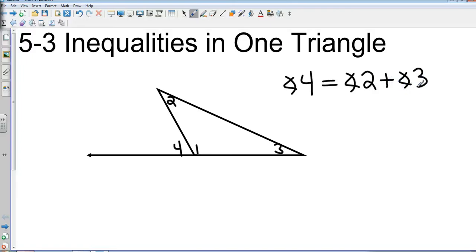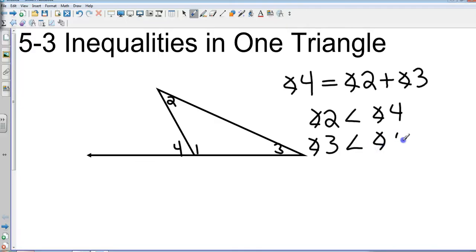So now, making an inequality, I know that angle 2 is less than angle 4. I also know that angle 3 is less than angle 4 because I have to add 2 and 3 together to get it, so they have to be smaller.